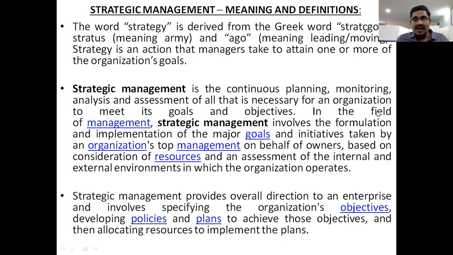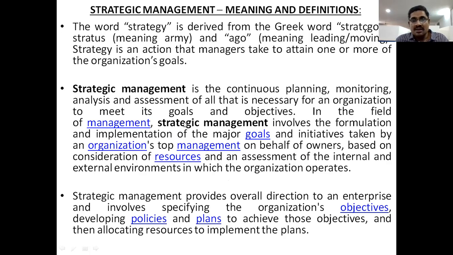Next continuation. In the field of management, strategic management involves the formulation and implementation of the major goals and initiatives taken by the organization's top management on behalf of the owners, based upon the consideration of the resources and the assessment of the internal and external environments in which the organization operates.